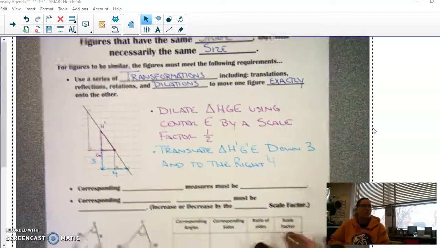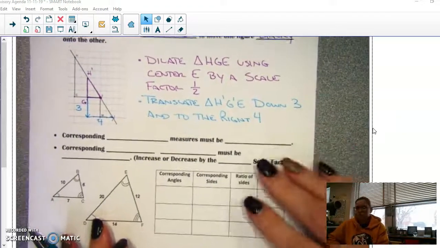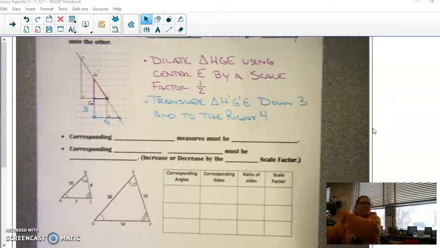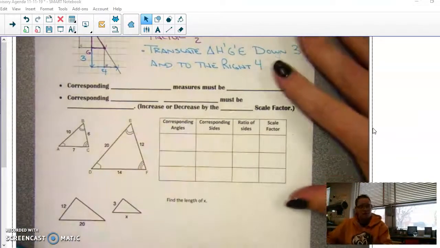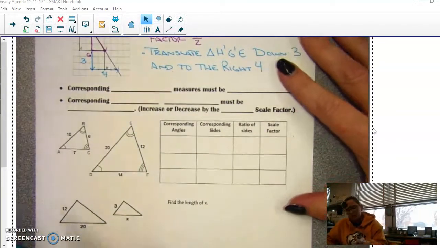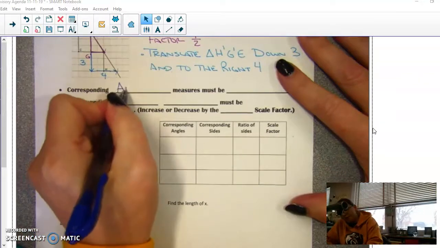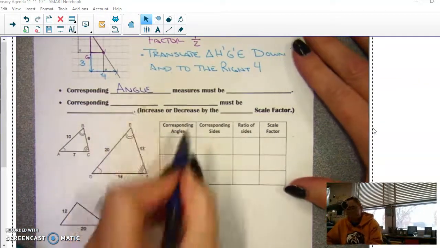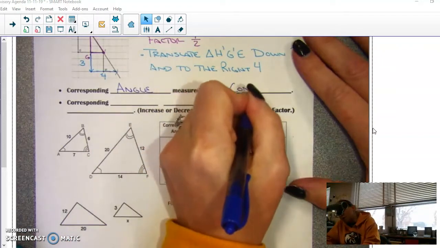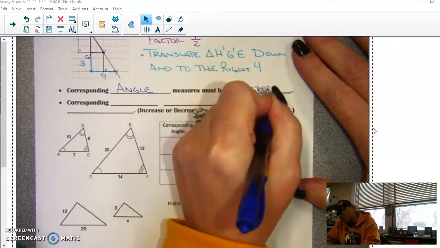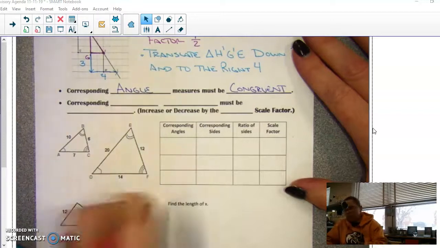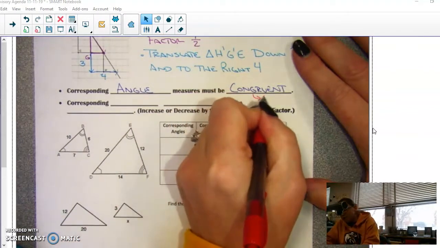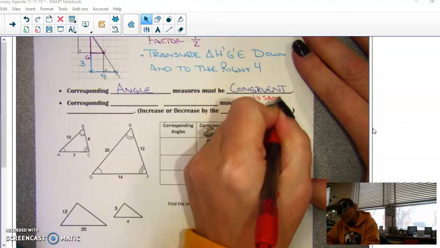Okay, other things that we can be looking for is we can look at the corresponding angles. So the corresponding angle measures must be congruent. And remember that congruent means what? It means the same.